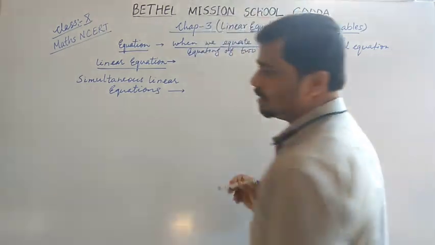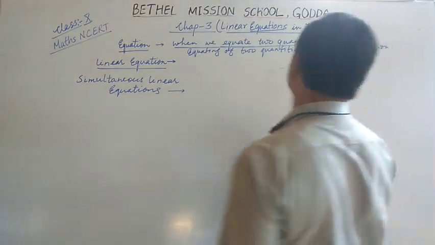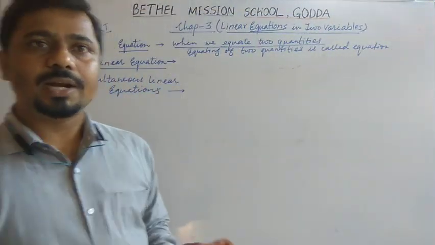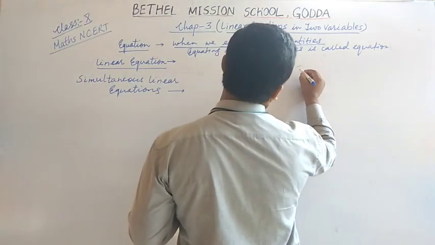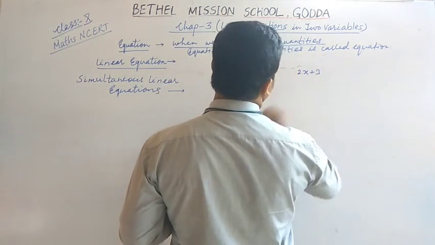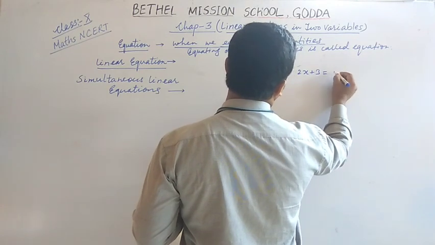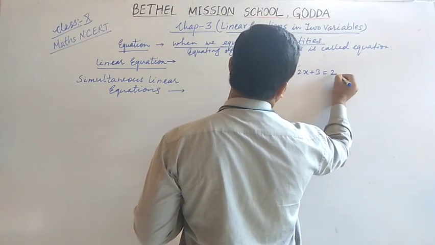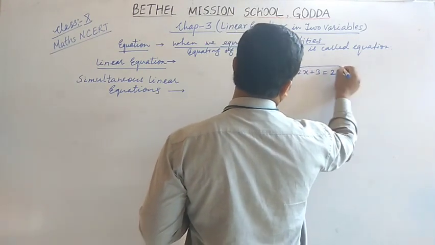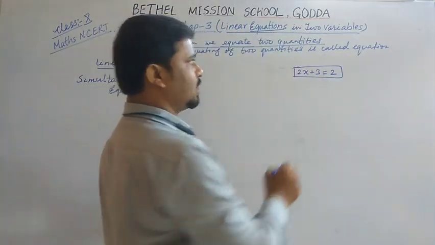In last chapter, chapter 2, we have studied polynomial. So polynomial is suppose 2x plus 3, and when you compare this polynomial with something, suppose you are comparing with 2, this form is called equation.